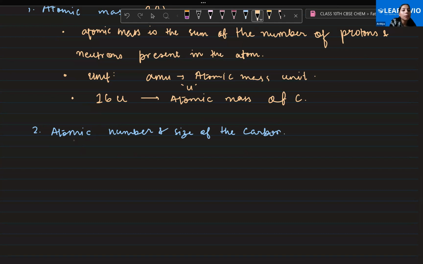Okay, so when we talk about atomic number, it is the number of electrons present in an atom. And for carbon, it is 6. It is the number of electrons. So for electrons, I'm going to write e minus.